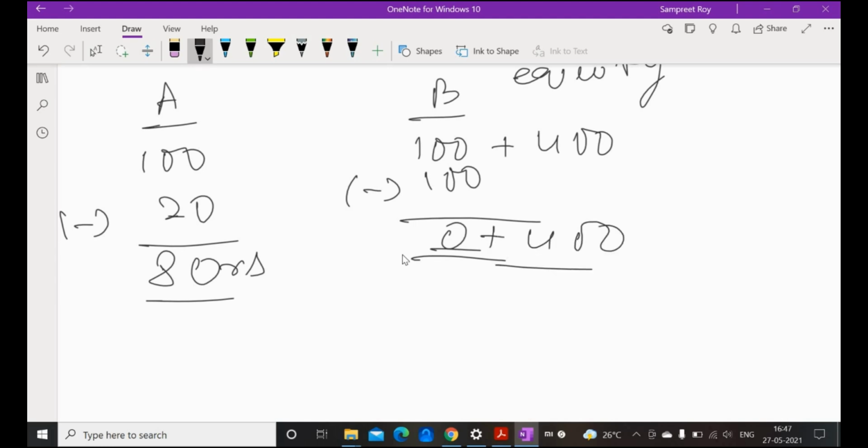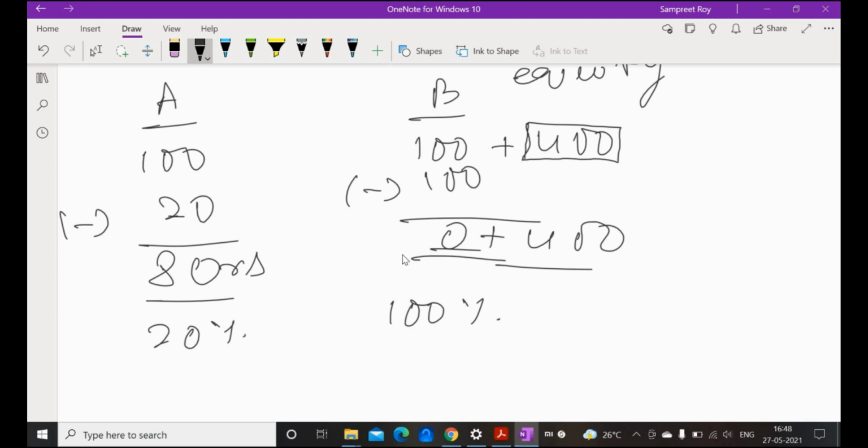100 rupees is my loss, and hence the overall loss is 100%. In this case our loss is 20%, but in this case our loss is 100%, because this 400 will be repaid no matter what. This 400 has to be repaid no matter what, and if it carries certain interests, then that interest has to be paid as well.